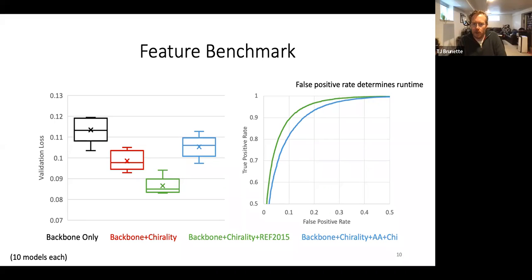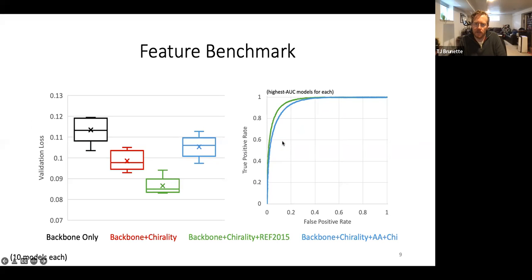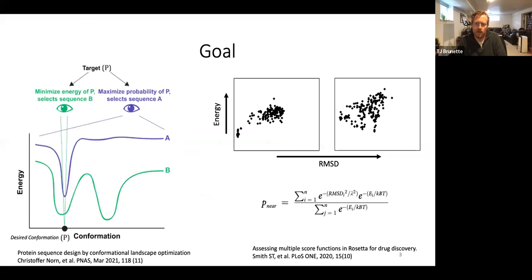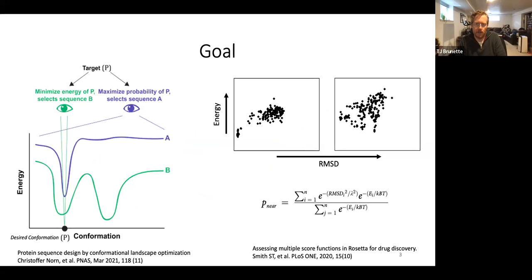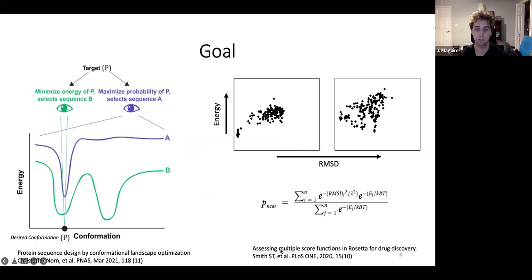I have one other unrelated question. I've heard of p-near before. Is there a script for that that's been published somewhere? Or is it in Rosetta somewhere? It is. Is it part of Chris Norn's paper? Or the Smith paper? Well, it's definitely in the Smith paper. I believe it traces back to Vikram.